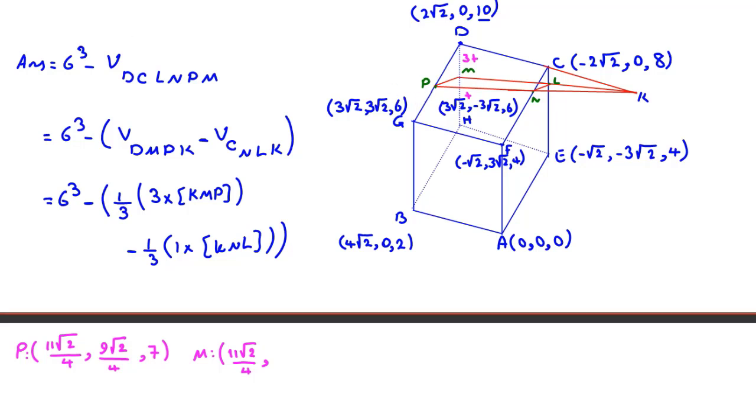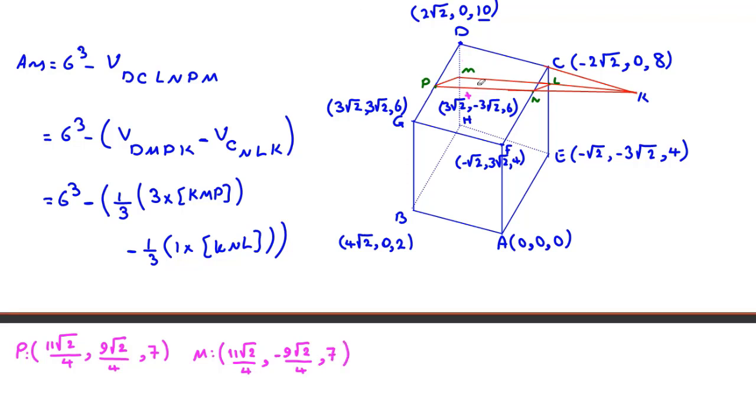Let me erase this t. The y coordinate is 3 times this, negative 9 root 2, plus 0, over 4, so negative 9 root 2 over 4. And the z coordinate is 3 times 6, 18, plus 1 times 10, 28 over 4, which is 7.